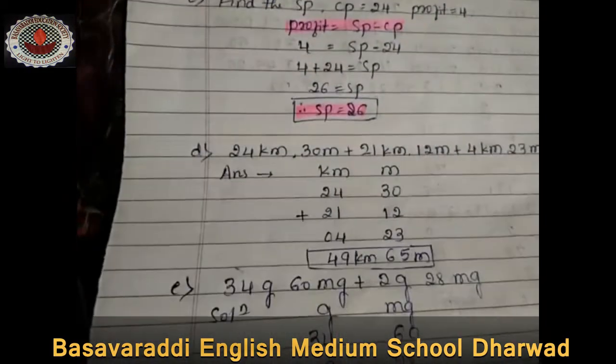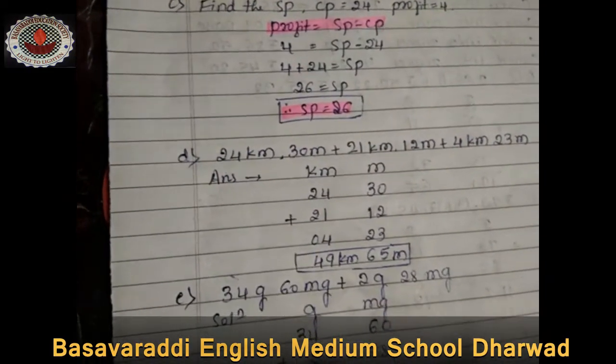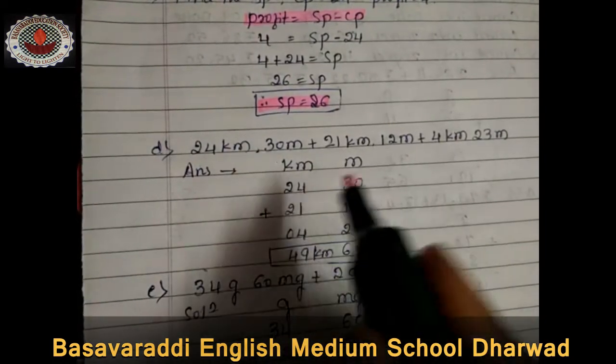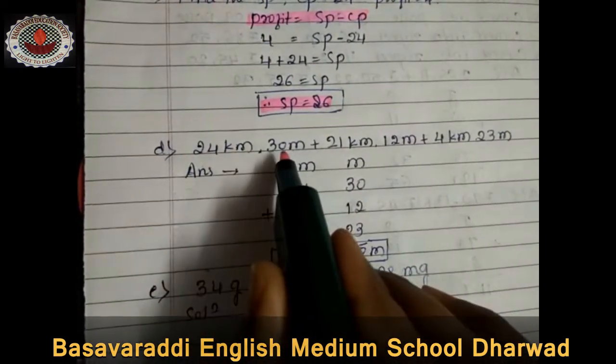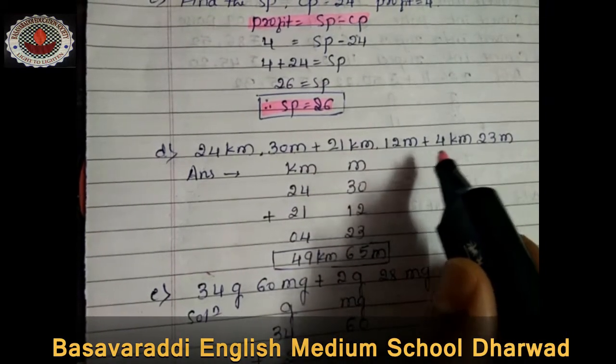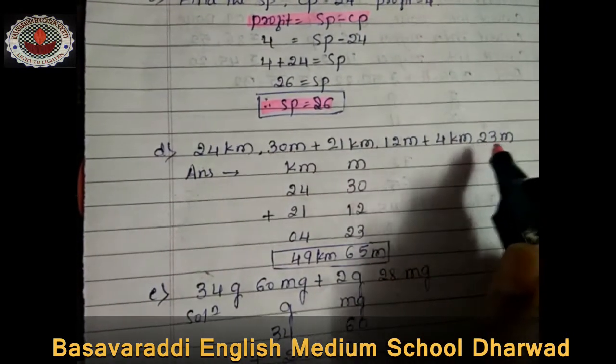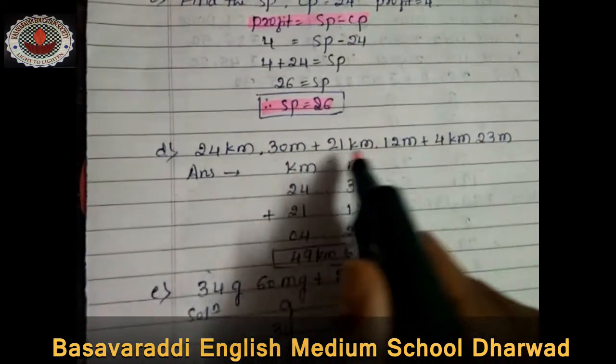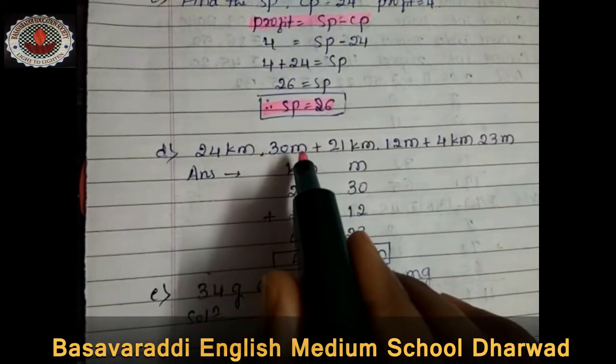Next, D question is 24 kilometer 30 meter plus 21 kilometer 12 meter plus 4 kilometer 23 meter. Okay, there are three numbers. The units are kilometer and meter.